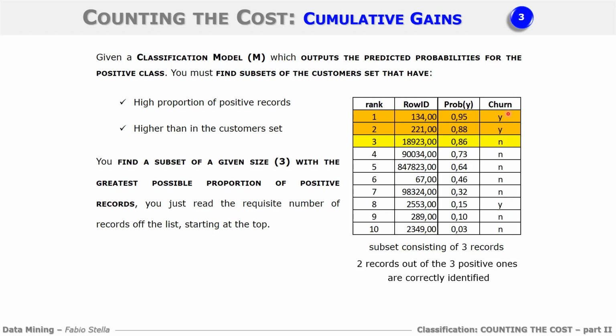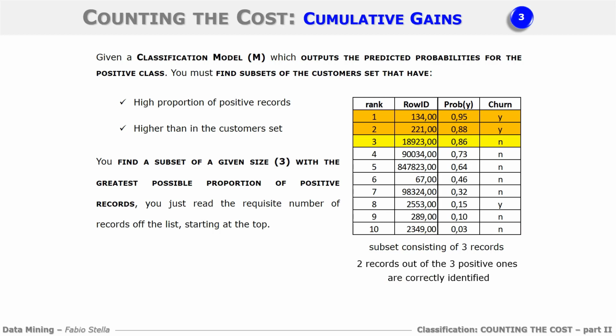Indeed, we have 1, 2, 3 positives, so 3 churners in the dataset consisting of 10 customers. So if we apply the classification model capital M to select the first 3 customers as the potential churners, we correctly identify 2 of the 3 that are included in the 10 customers dataset.